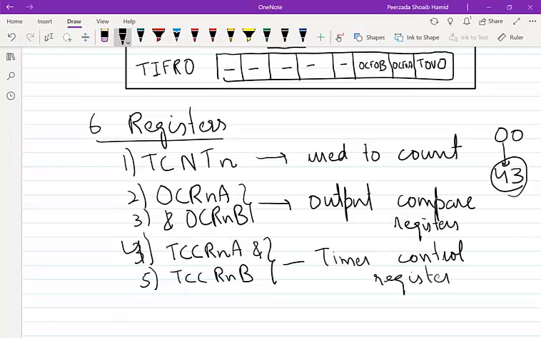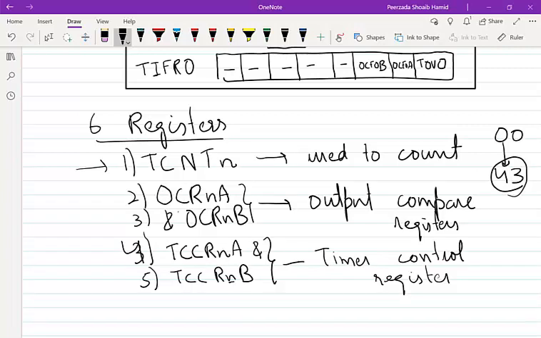So basically, before starting a timer, we need to know in which mode we need to run this timer, and then load a particular value in these registers, in the TCCRNA and TCCRNB, where N denotes the timer, which is timer 0, 1, or 2. And after loading the timer controller with a particular value, then we need to know how much time delay we need, and accordingly we will load the timer count register, or we will load OCRNA and OCRNB.